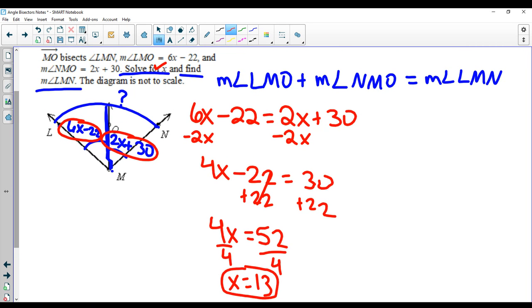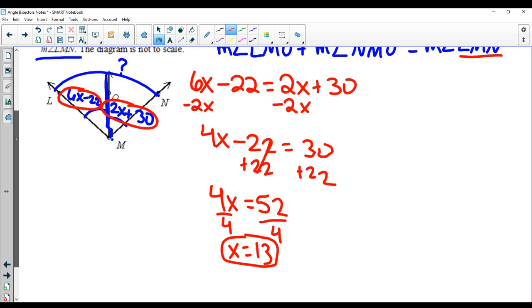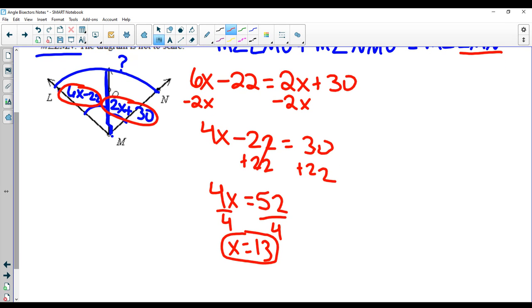Now we have to find the measure of LMN. Well, LMN is going to be these two small pieces added together. So what I'm going to do is take my x that I just found and substitute it in for the x's in both of these expressions.